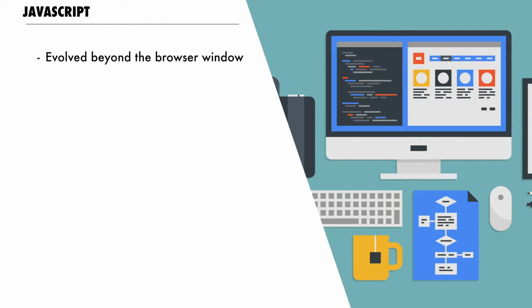And due to this, websites and the languages, mainly JavaScript, which is responsible for making a website interactive, have currently evolved beyond the browser window, so it's no longer only available to view websites inside the browser. You now have web applications running on Chrome operating system, Firefox, and Android and iOS.